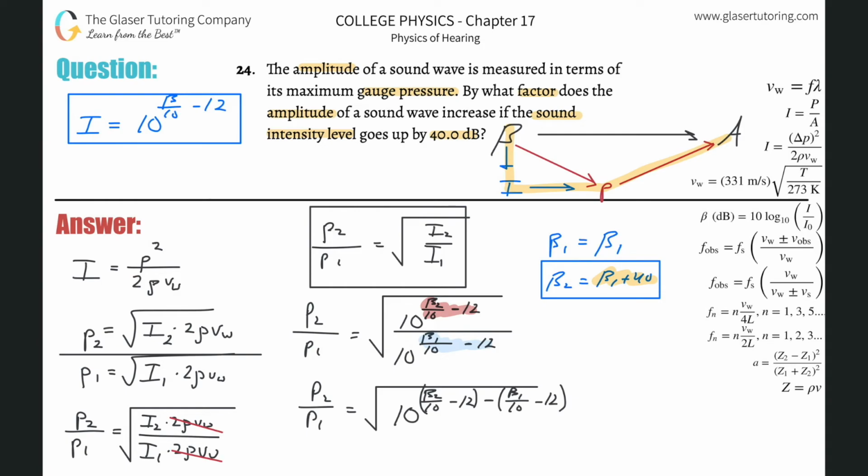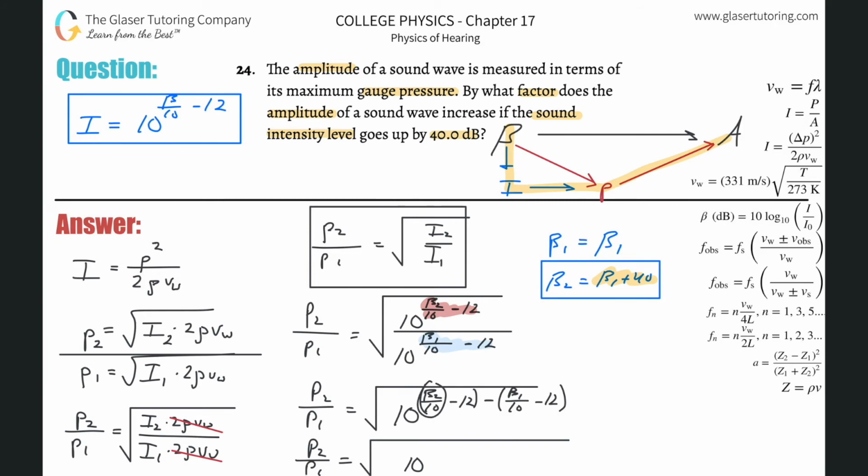Well, we can simply distribute if we like. P2 over P1 is going to be equal to the square root of 10, and bear with me here, ready? The negative distributes to the beta 1, so this is negative beta 1 over 10, and realize that we have like bases here with fractions, so I can rewrite this as one whole fraction.